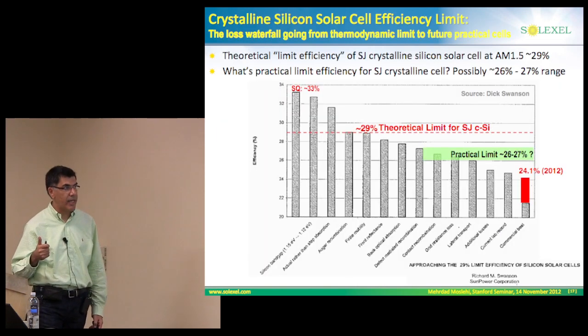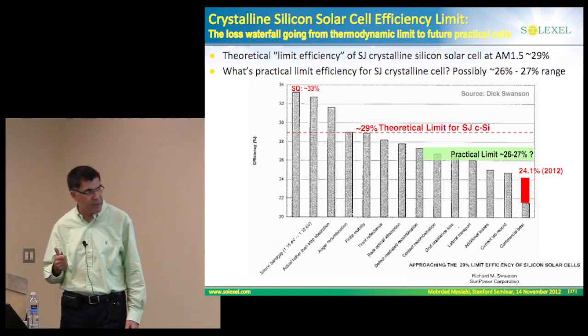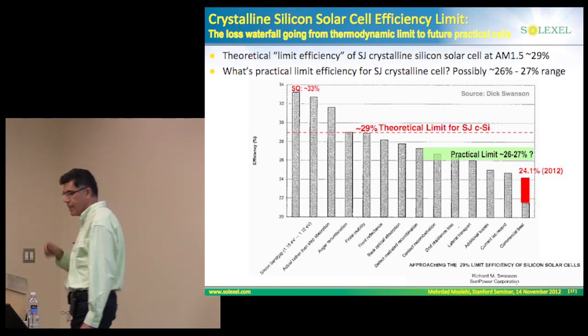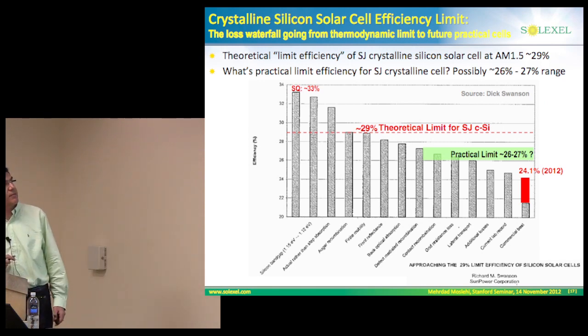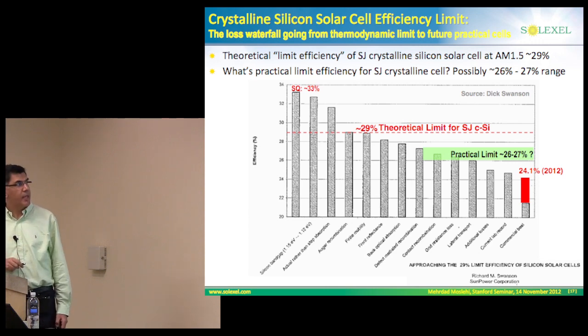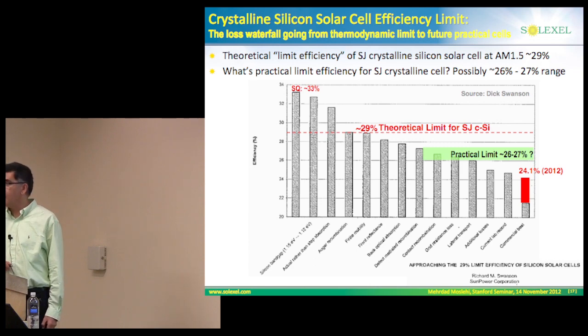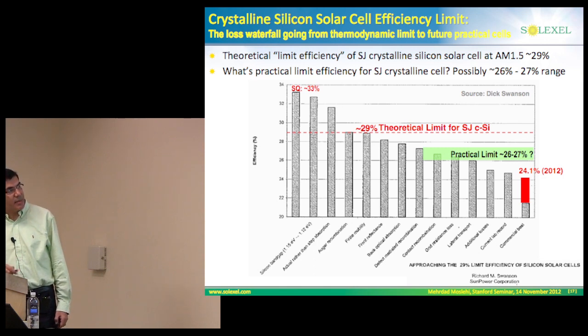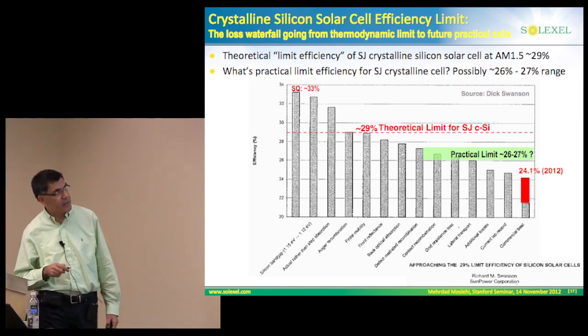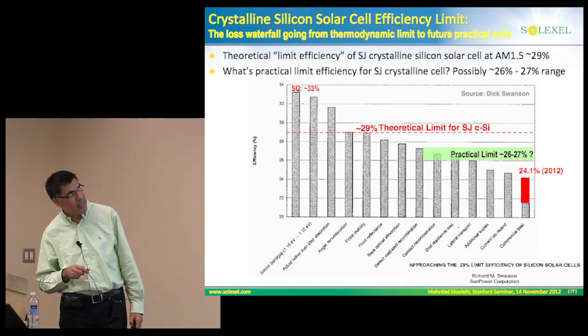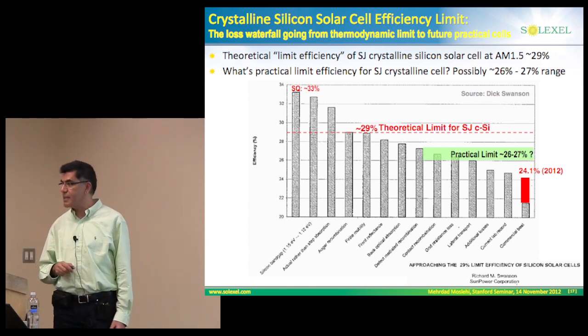Now, actually, Dick Swanson, founder of SunPower, has done a very informative analysis of the loss waterfall as you go from thermodynamic limit towards the practical commercial cells. Based on Dick Swanson's waterfall chart, you see that the theoretical limit for single junction crystalline silicon is around 29%.